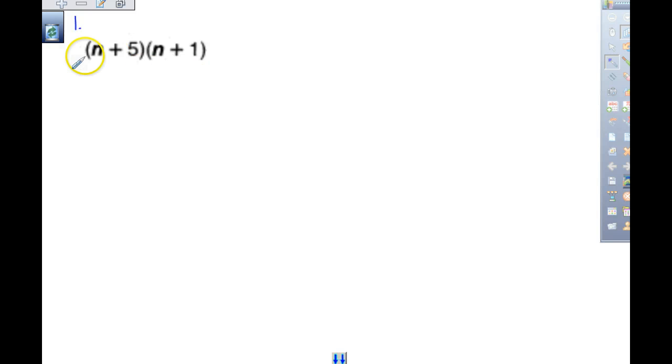So just to recap what we've been doing all week, we first started off by doing a number of different methods in order to multiply two binomials. One of them was FOIL, first, outside, inside, last. Another one was like a box method, and basically it did the same thing.